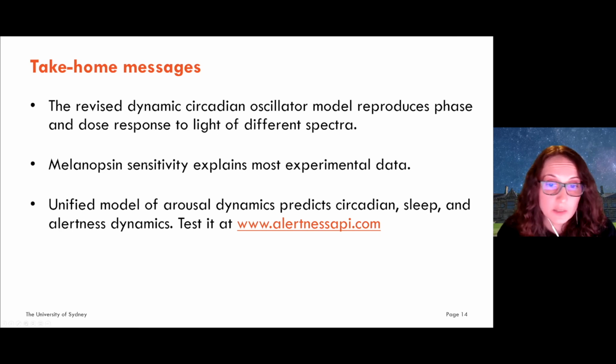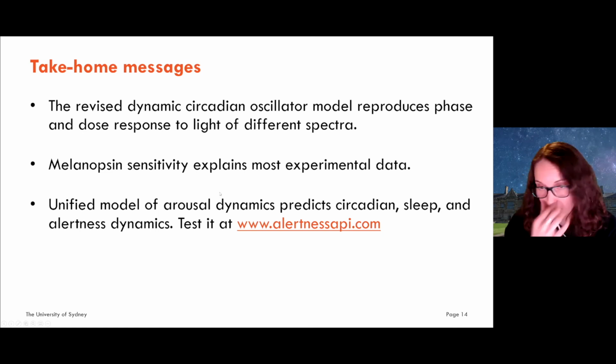And then the unified model that incorporates all these different systems can be used to predict simultaneously circadian rhythm, sleep, and alertness, and we have incorporated it into a web interface where you can test it yourself and run simulations if you are interested. And this is at alertnessapi.com.